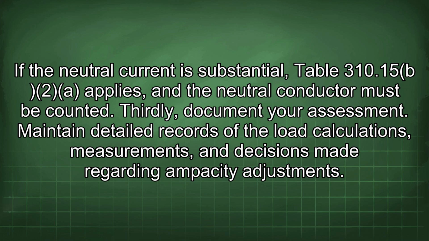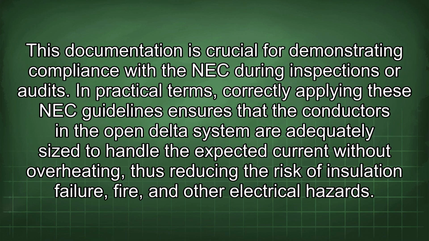If the neutral current is substantial, Table 310.15(b)(2) applies, and the neutral conductor must be counted. Thirdly, document your assessment. Maintain detailed records of the load calculations, measurements, and decisions made regarding ampacity adjustments. This documentation is crucial for demonstrating compliance with the NEC during inspections or audits.